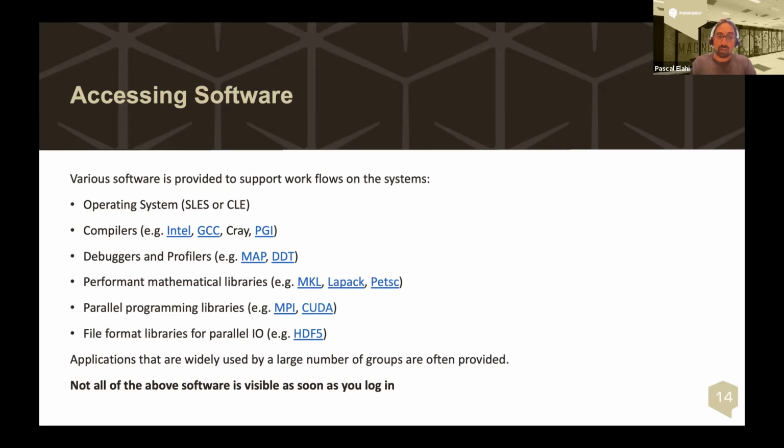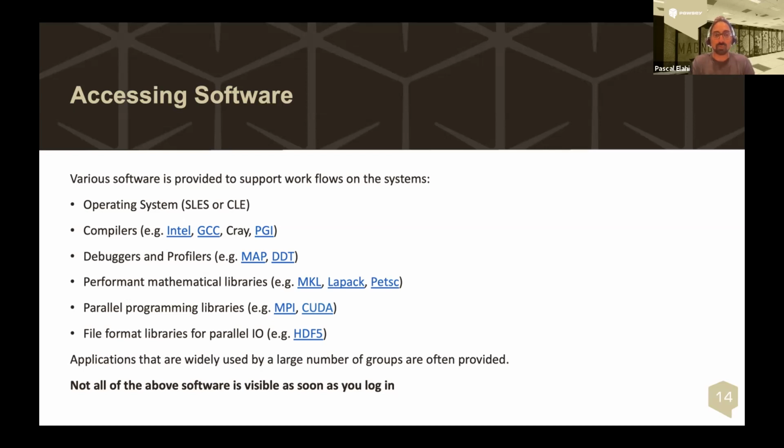There are performant mathematical libraries that exist on our supercomputers, and in general on all supercomputers, that are optimized to make use of hardware and do specific types of computation. So MKL, LAPACK, these are math libraries, typically dealing with matrices, multiplications and calculating determinants. Parallel programming libraries, MPI and CUDA, and we even have parallel I/O formats. HDF5 is an example of a library that allows you to write in parallel, so a bunch of CPUs writing to the same file in parallel, fast.